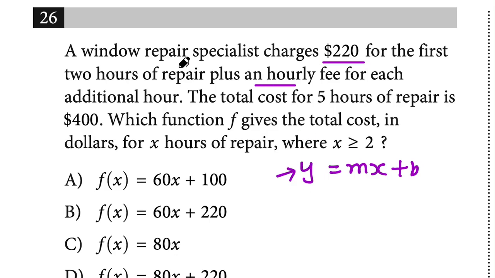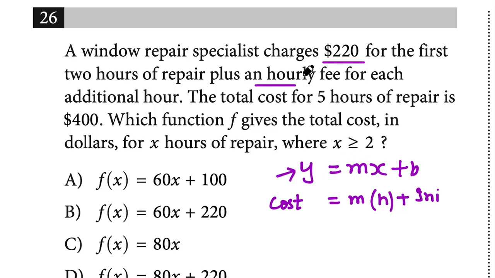Okay. A window repair specialist charges this much for the first 2 hours. So if you see this, these are the total charges. This is the rate per hour. These are the number of hours the work has been done, and that is the initial value.